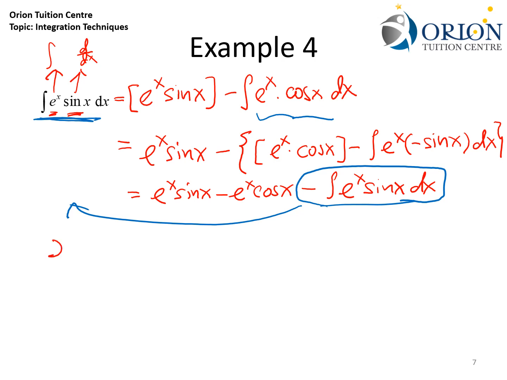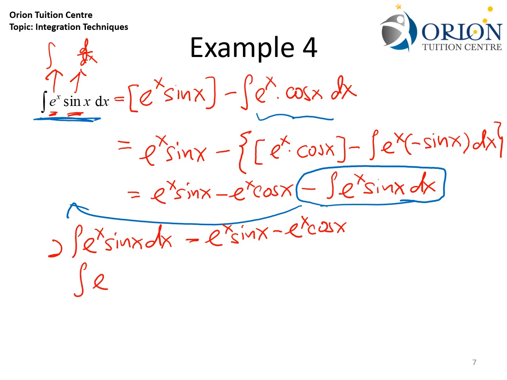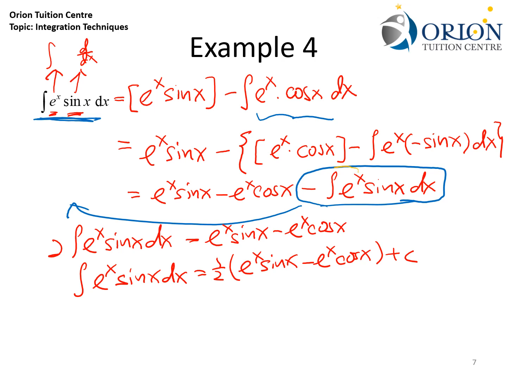And therefore, we will end up with 2 integration of e^x sin x dx equals e to the power of x sin x minus e to the power of x cosine x, and therefore integration of e to the power of x sin x dx equals half e^x sin x minus e^x cos x plus c. So this is the special trick in this question that you have to do: bring your term on the right hand side over to the left hand side to combine with the original question in order to solve it.